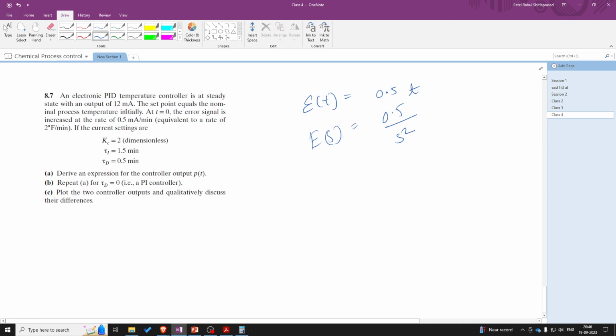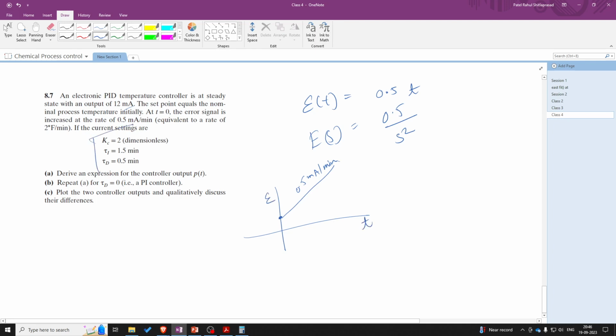Then the steady state value is 12 milliampere. That is not of use to us right now. Then let's plot this curve. This is error in milliampere per minute and this is time.